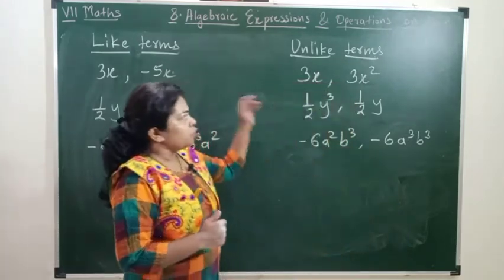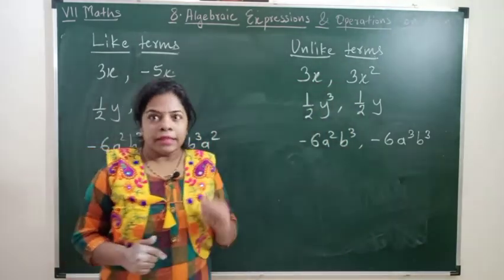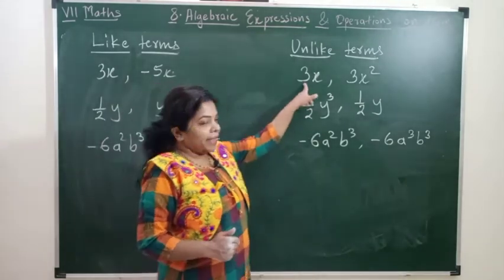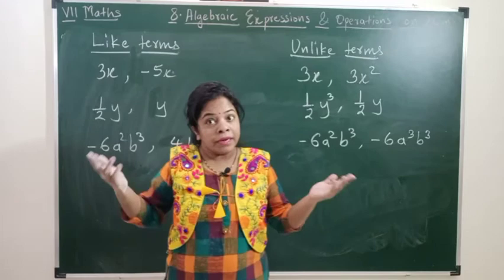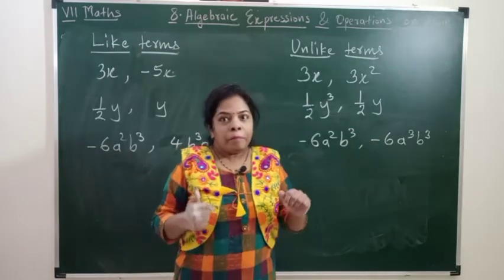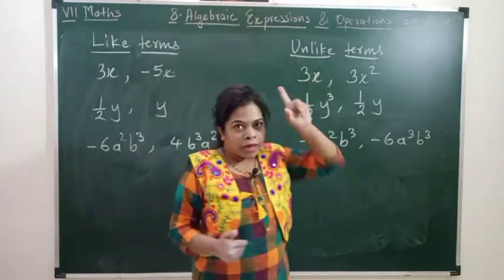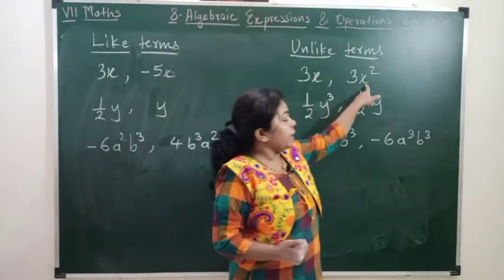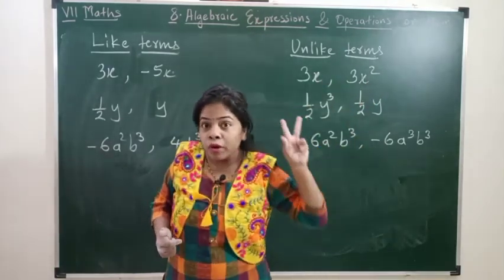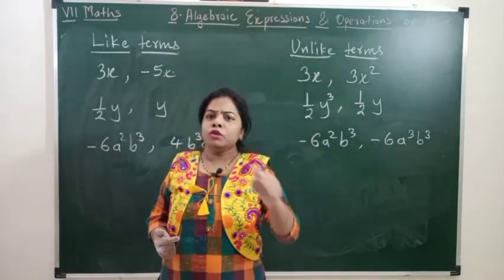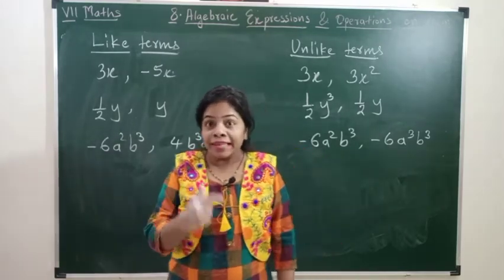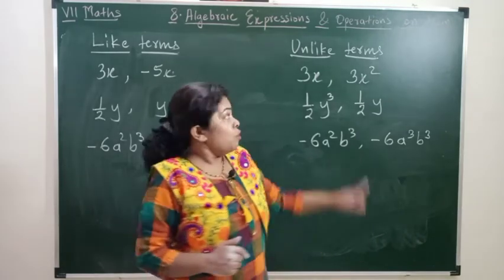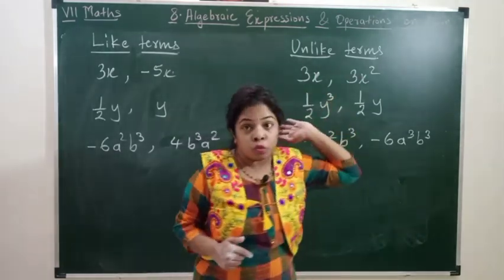Next. How do we decide whether the terms are unlike terms? See here. 3x and 3x square. Number is same, 3 and 3. But here there is one x term and here there are two x terms. So x is here also, x is there also. But the number of x terms are different. Only one here and there are two.